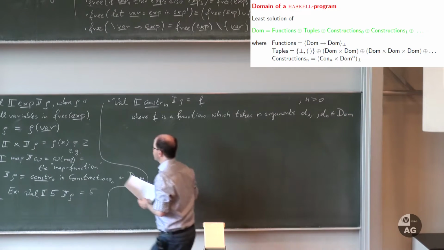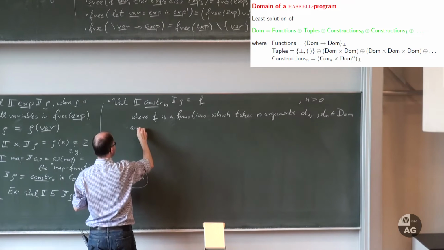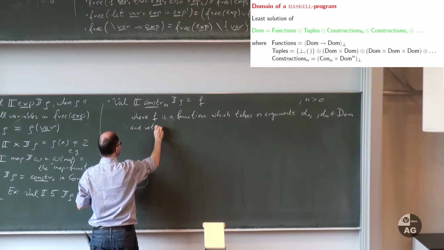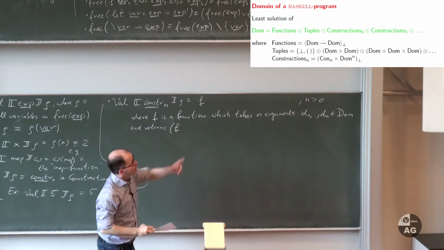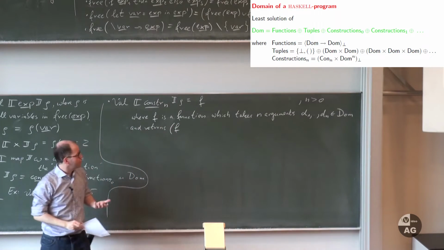And if it gets these arguments, well, then it returns the corresponding object from constructions n.